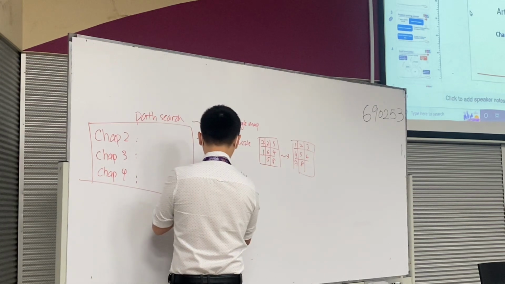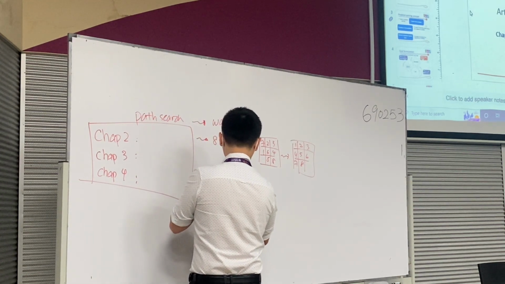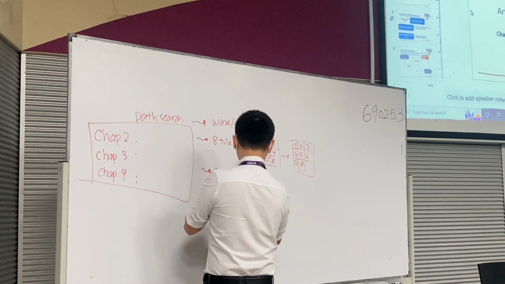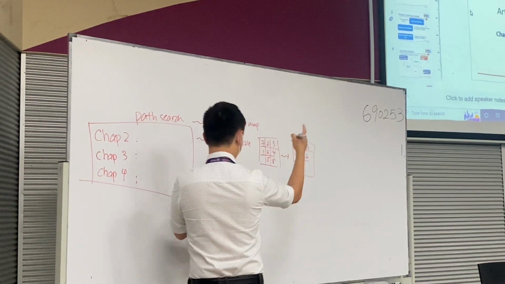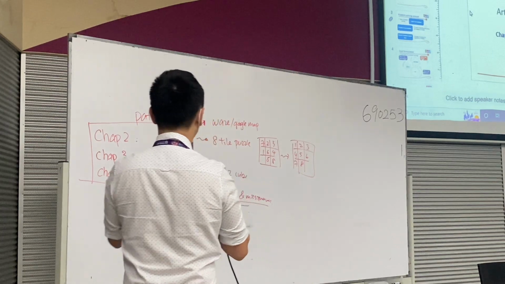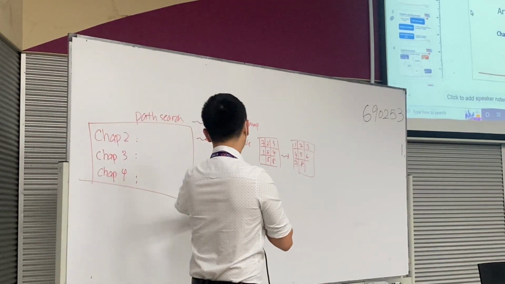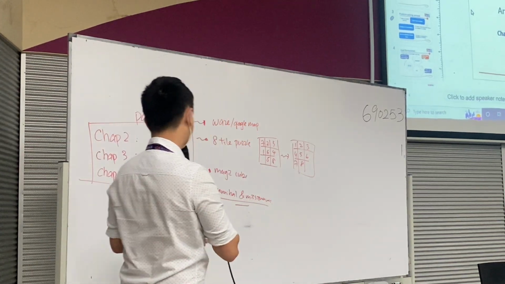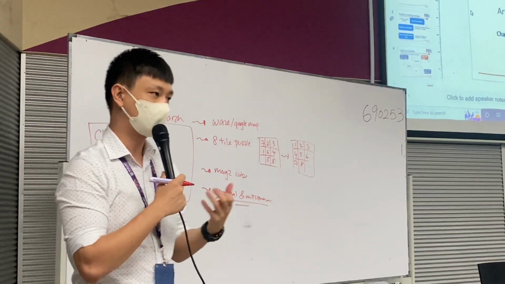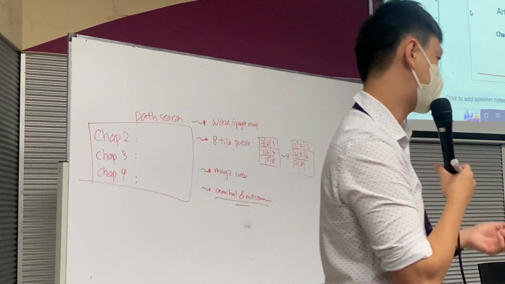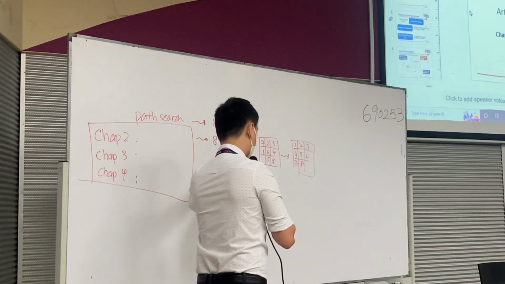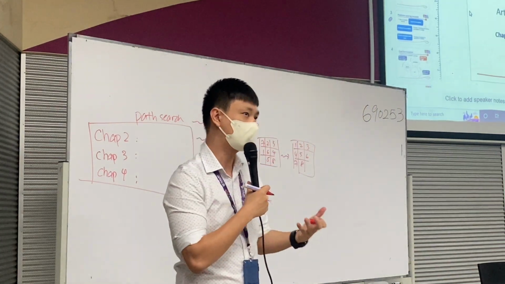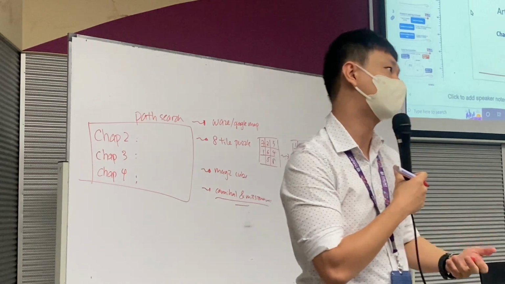You have cannibals and missionaries, which we're going to cover later. So these are some of the applications under search. You intend to build applications or solutions for this kind of problem. Before you can solve it, you probably have to do some planning first.